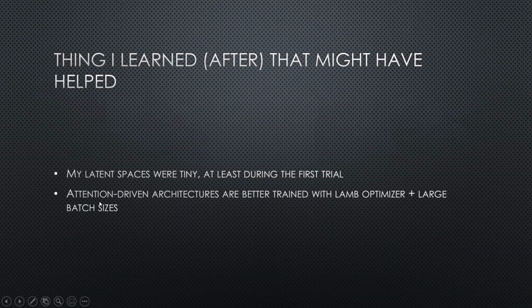The second thing is that attention-driven architectures are usually better trained with the LAMB optimizer and larger batch sizes. That's what they use in the perceiver paper, which I probably should have read better before I tried it out. Attention-driven architectures can be quite difficult to train. That would come up again during my experiments, but we'll see when that comes around.